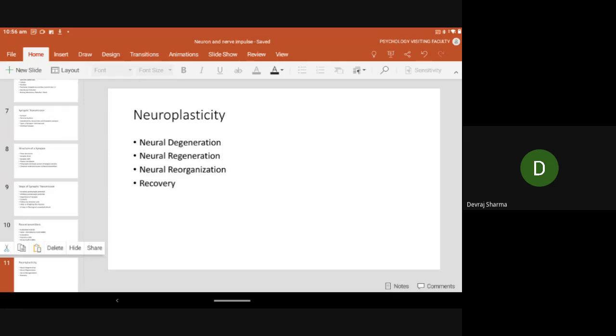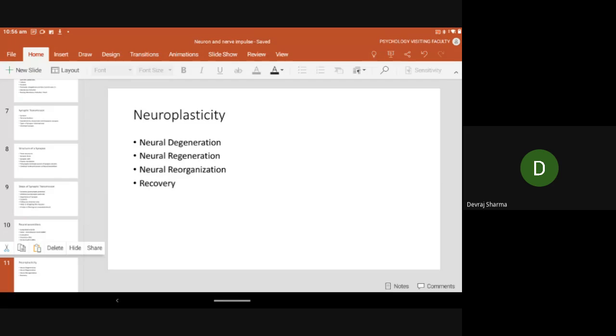Now, mechanisms like strengthening of existing connections, maybe some collateral sprouting that I told you in the neural degeneration, then adult neurogenesis, etc., have a role to play in this neural reorganization.